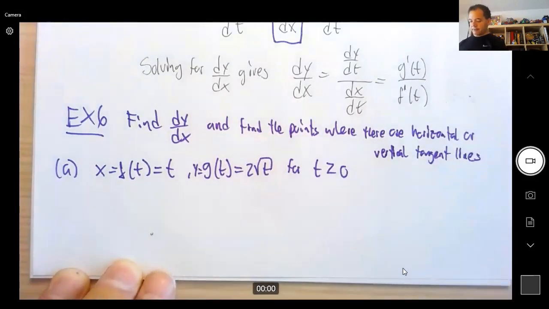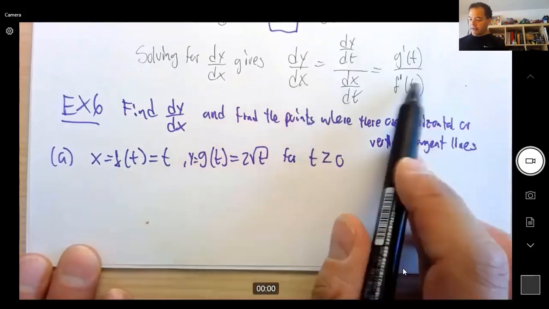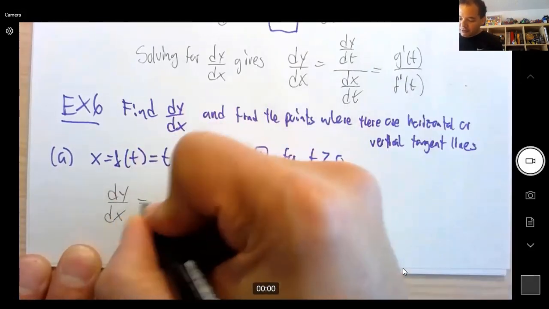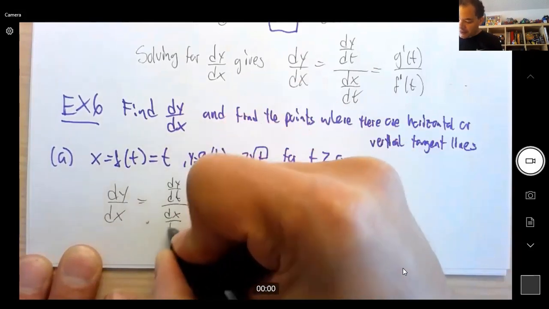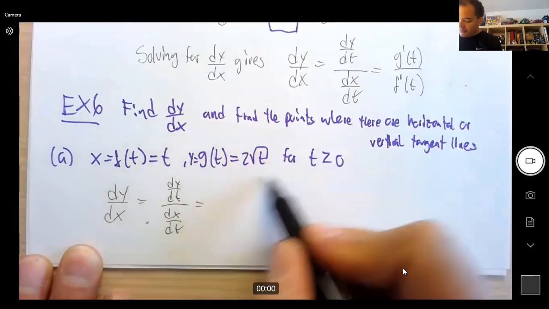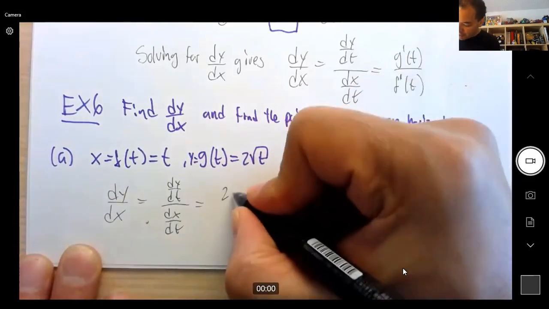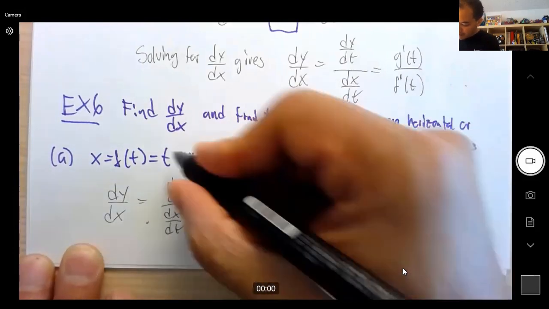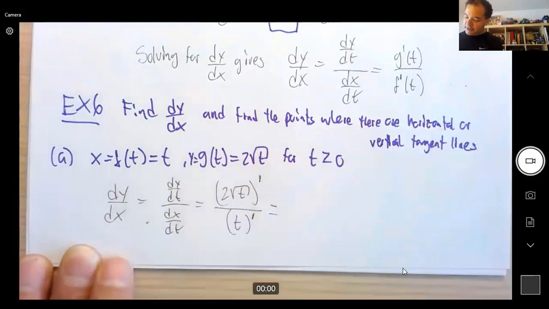Okay, good. So we already know how to do it. It's right here. If we want dy dx, what we do is dy dt over dx dt. So we need the derivative of y with respect to t, 2 root t, divided by the derivative of t.